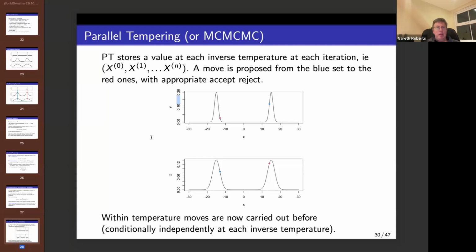So that's why I'm going to ignore parallel tempering for now. In practice, people often use a combination of parallel and simulated tempering. They use parallel tempering to start off with, and maybe to estimate your normalization constants, and then they use simulated tempering from there on. But in any case, I'm just going to talk about simulated tempering from now on.